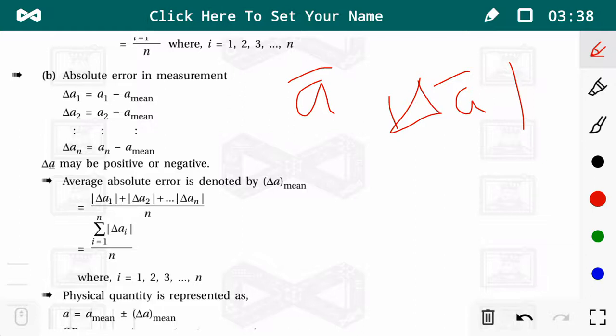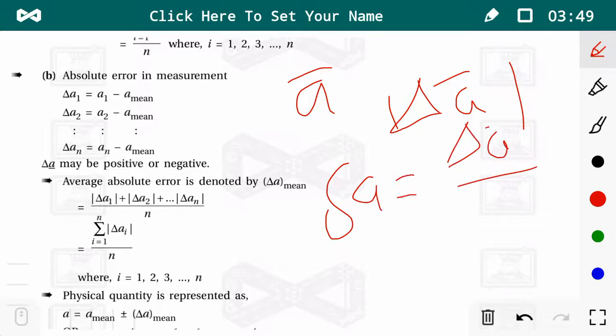Now if you want to find the relative error, it is denoted as delta A, and delta A is delta A bar divided by A bar.